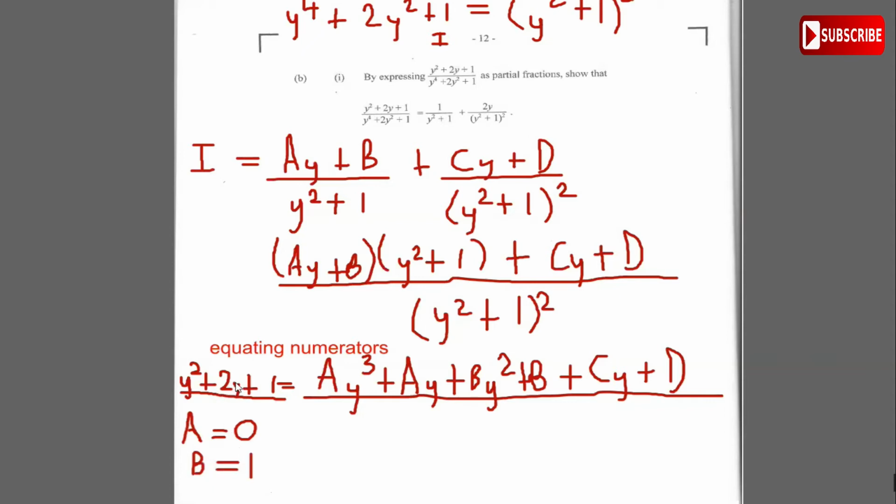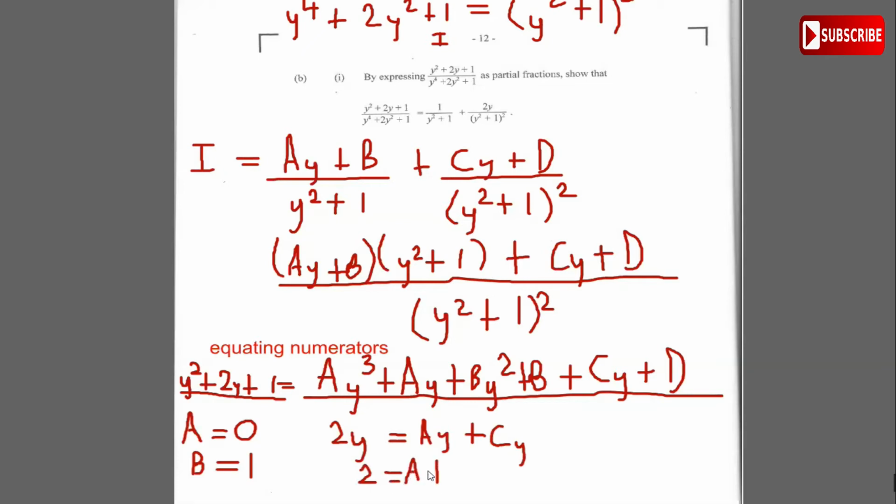Then equating the y terms, 2y is equal to ay plus cy, and if we divide through by y, we get 2 is equal to a plus c.